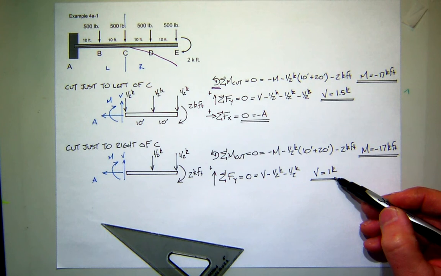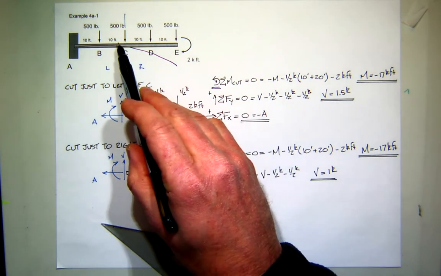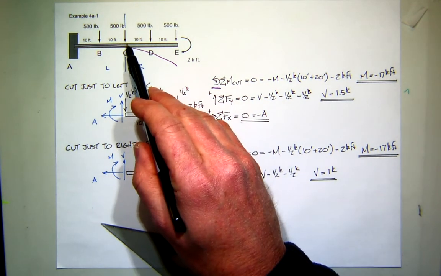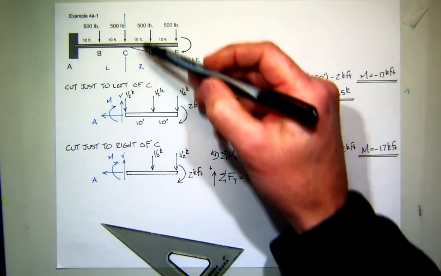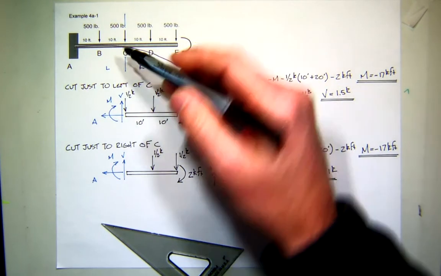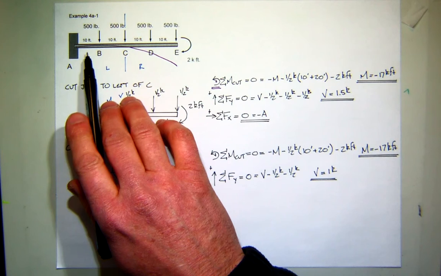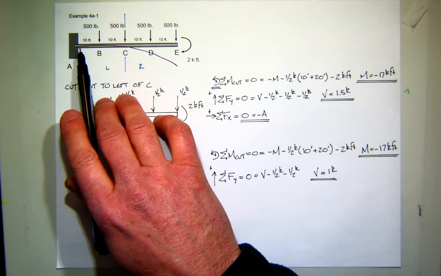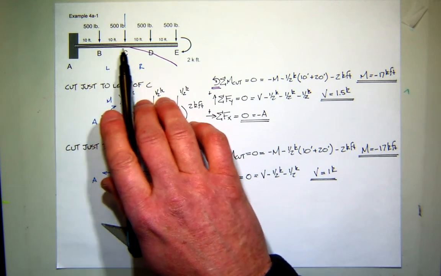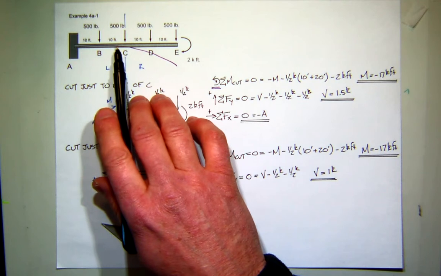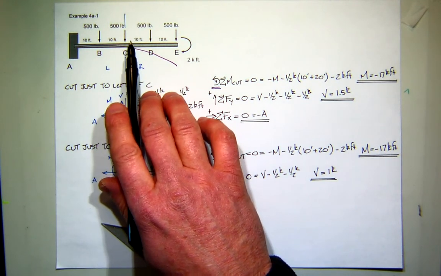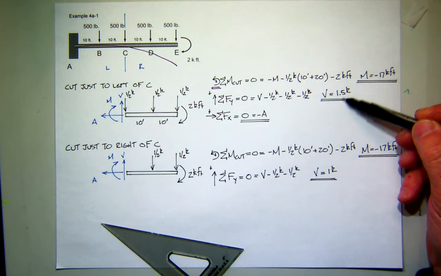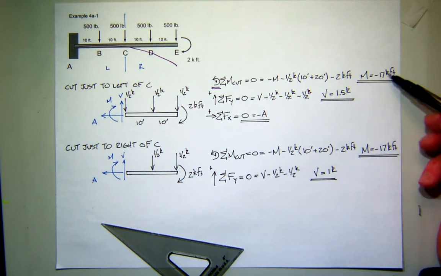What happened? I went past a half kip force. So it looks like the change in shear is going to be equal to the applied load. So if we're trying to write an expression or develop some kind of graph of the variation of shear along the beam, as I go from one side of an applied force to the other, the shear changes equal to the load. But it has no effect on the moment.